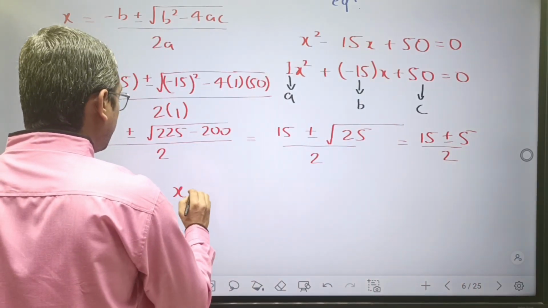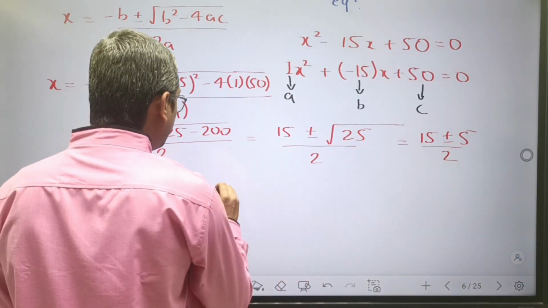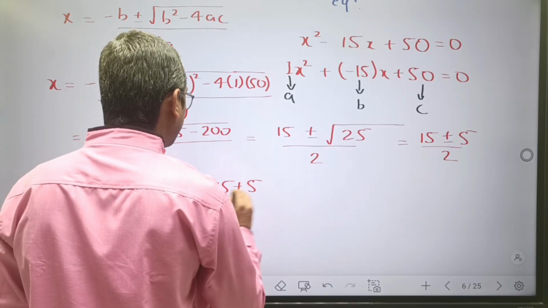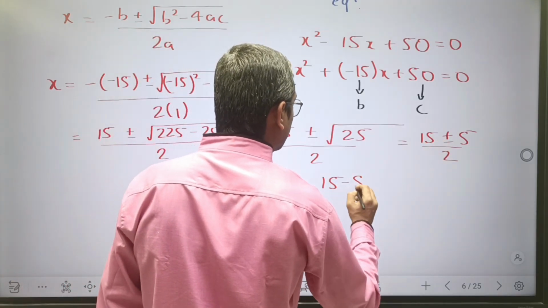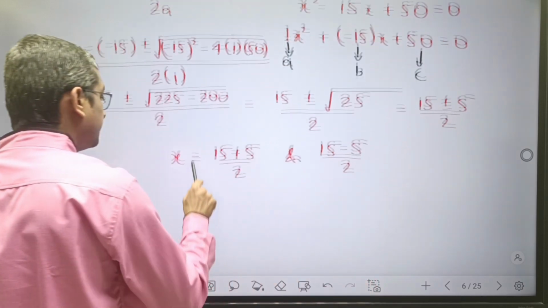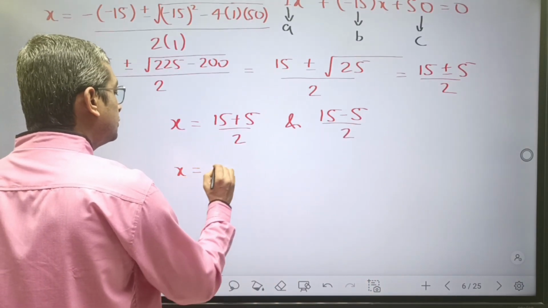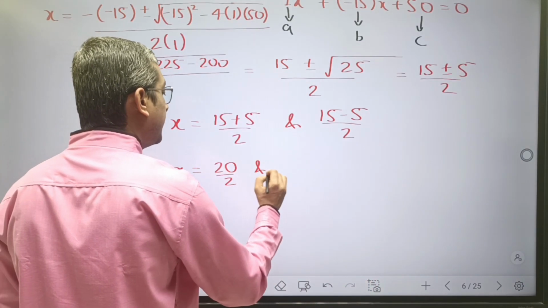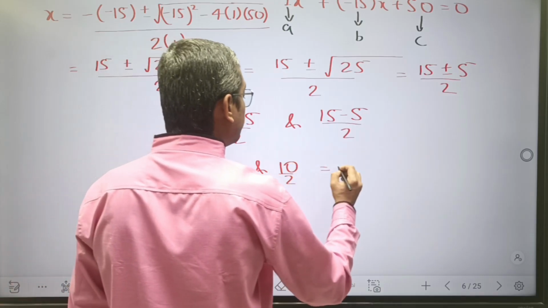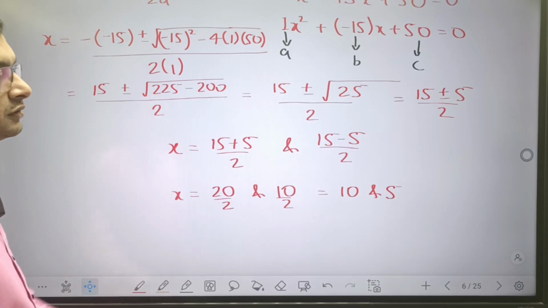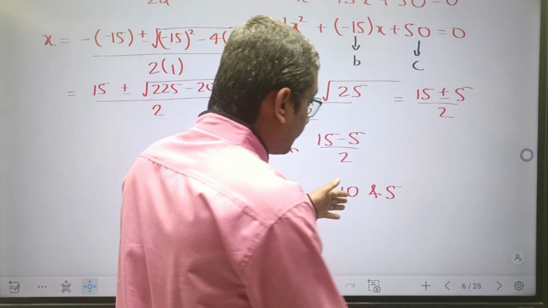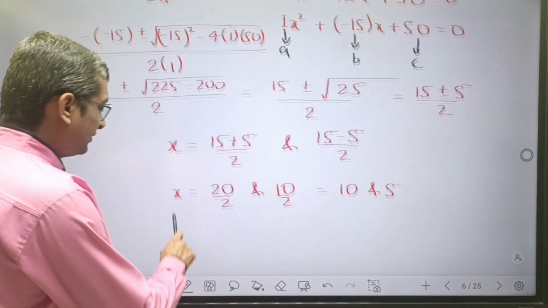So we get x is equal to 15 plus 5 by 2, and the second value is 15 minus 5 by 2. So x is equal to 20 by 2 and 10 by 2, that is 10 and 5, the two values. So we are getting the same result, and it must be the same.